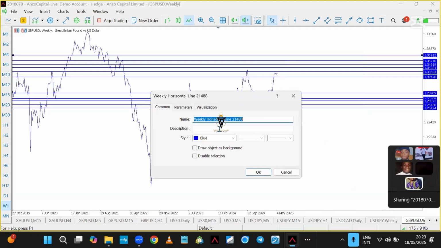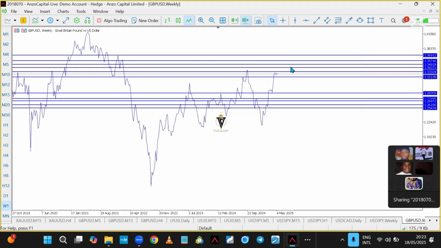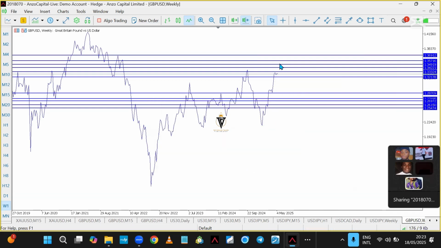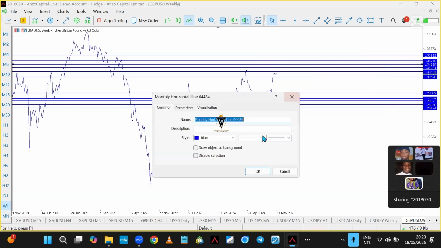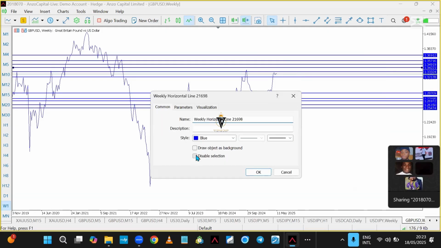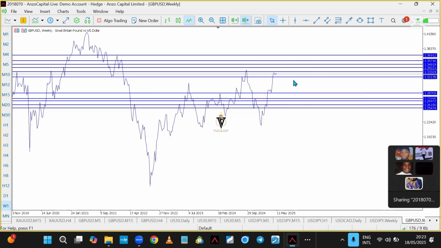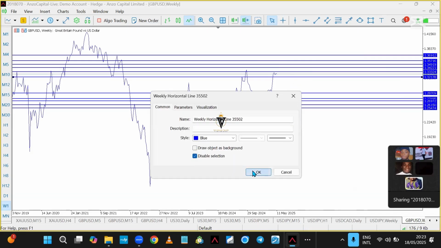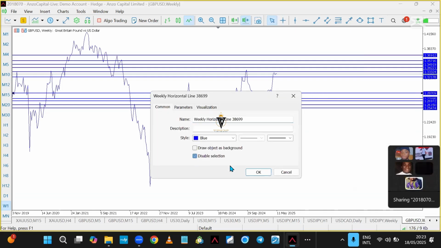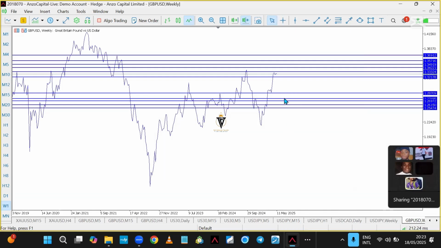So as usual, I will lock this up to avoid it from moving. It will all be locked up. Okay.